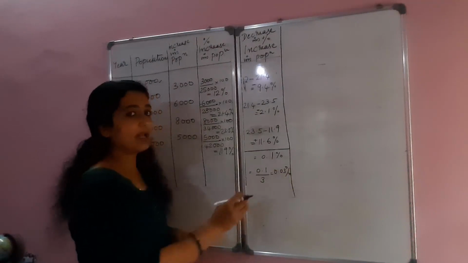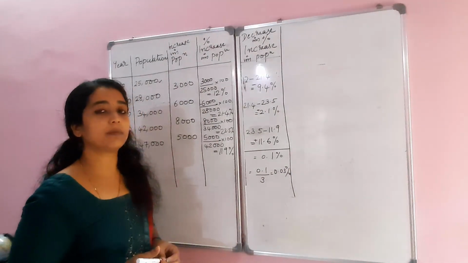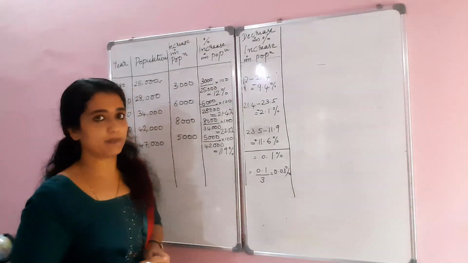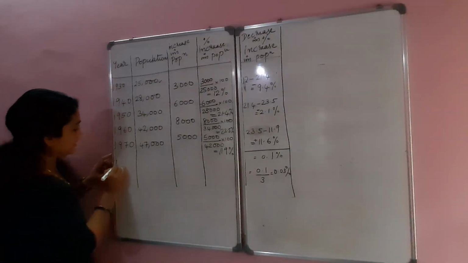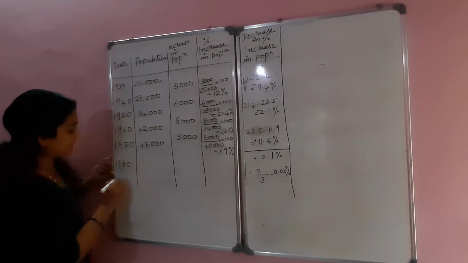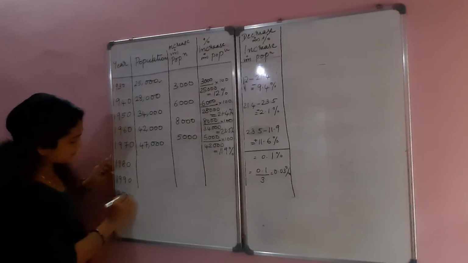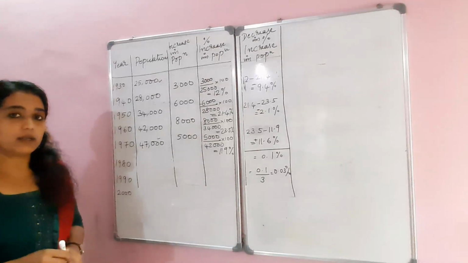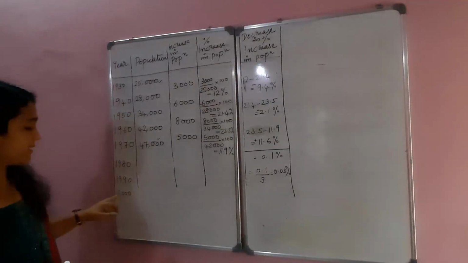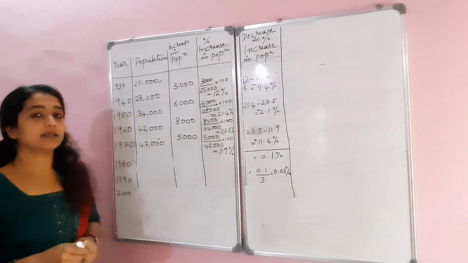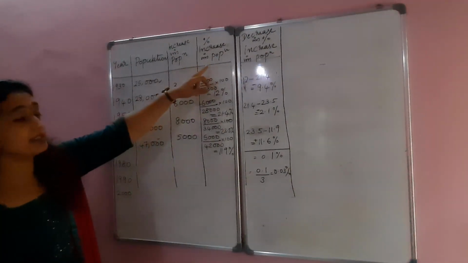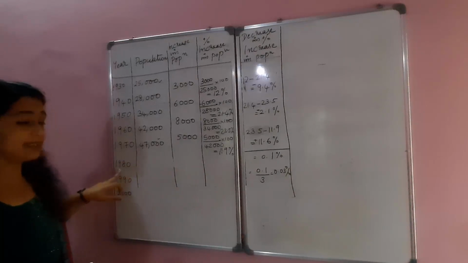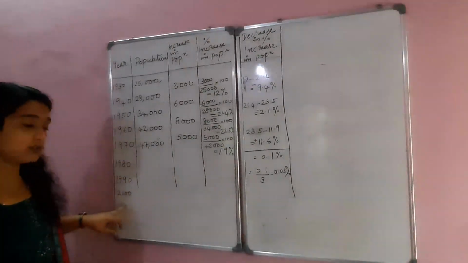By taking this value, we are going to calculate the population in the coming decades. How are we calculating? Let us see. We have to calculate the population in 1980, then 1990, then 2000. First of all, we have to calculate the percentage increase in population in 1980, 1990 and 2000.